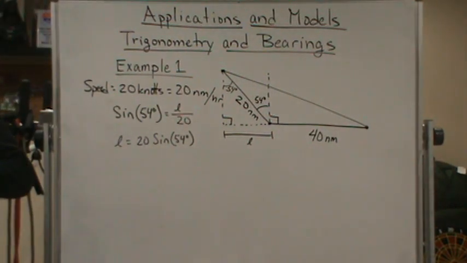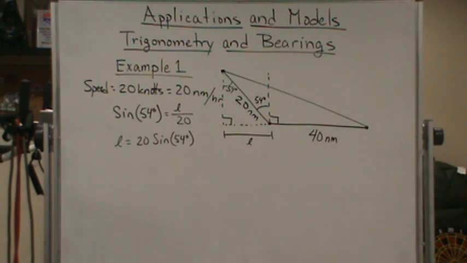All right, so let's figure out what that is. Okay, so let's do 20 times sine of 54, and that's going to be 16.18. What do they want us to round to? Let's see, they don't say to round, so let's just do it.